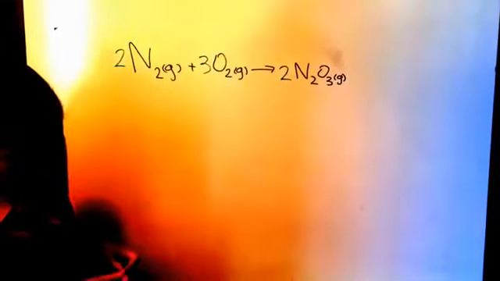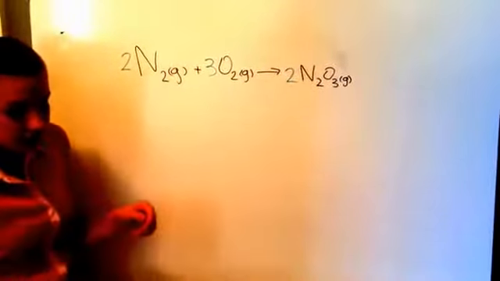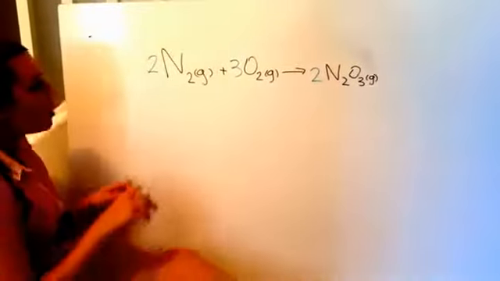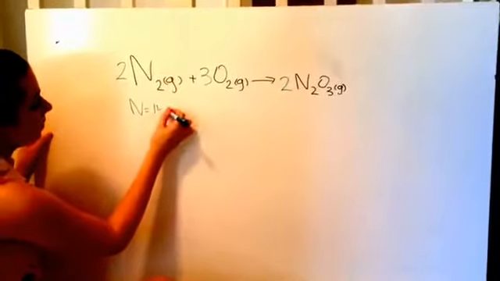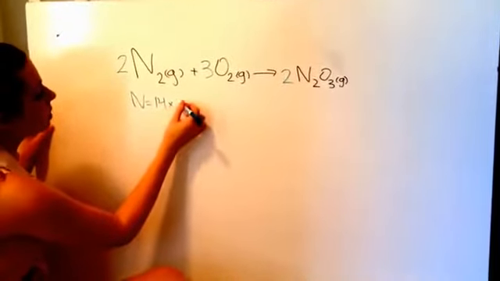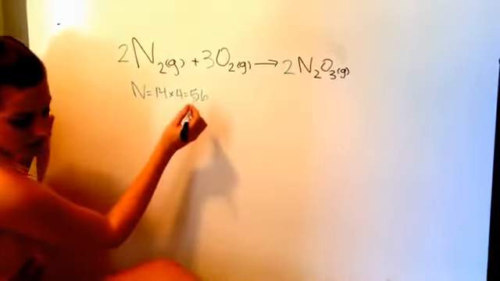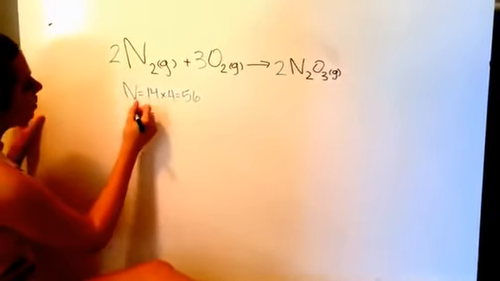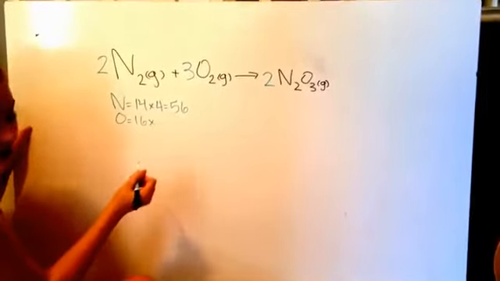Okay, so next we're going to find the atomic weight of each element. So the atomic weight of nitrogen is 14. And there are 4 of them, so your total is 56. And then oxygen is 16, and its atomic weight.